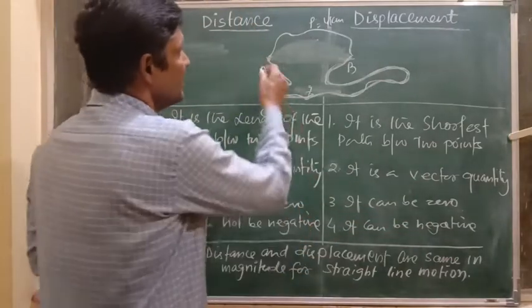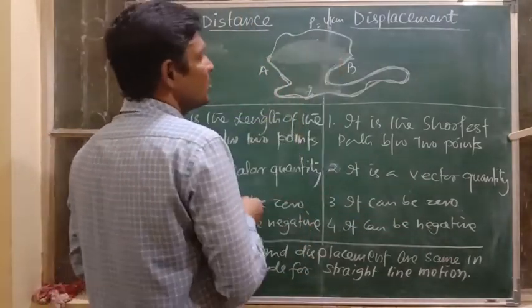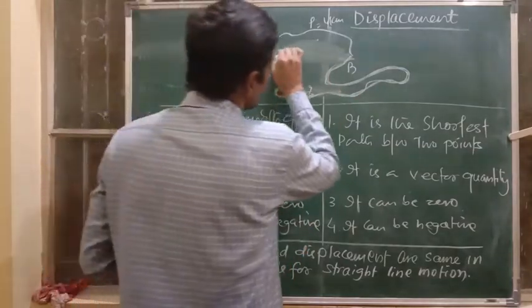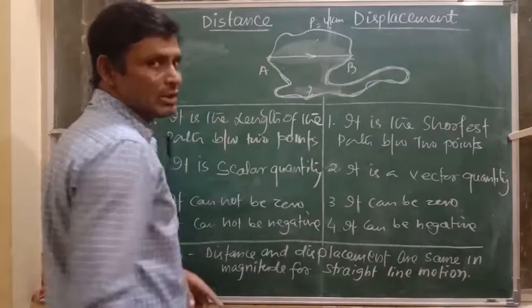For example, if I ask student Q to measure the displacement of B from A, then he has to draw A to B, a straight path.